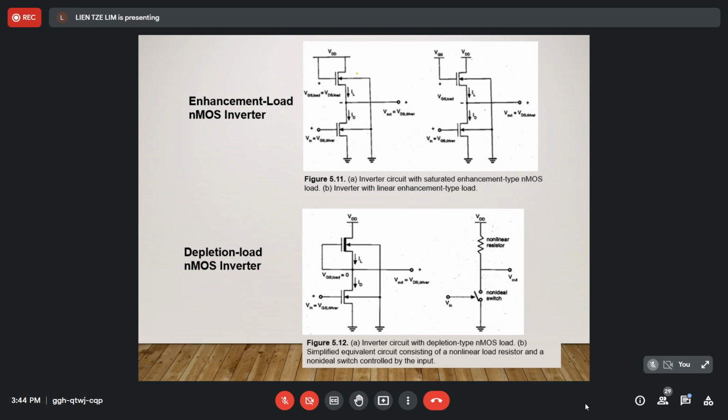Okay, so you see that this is an NMOS transistor as the load. And also this is an NMOS transistor. I erase again.